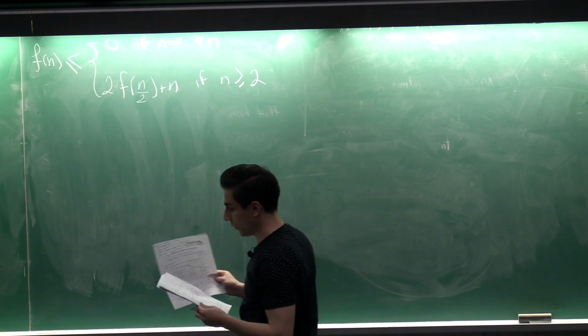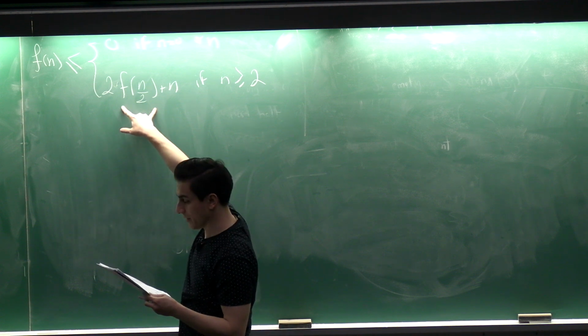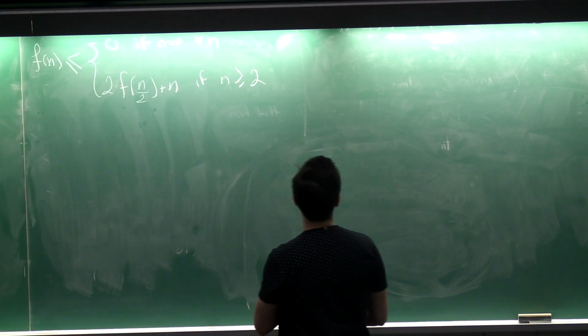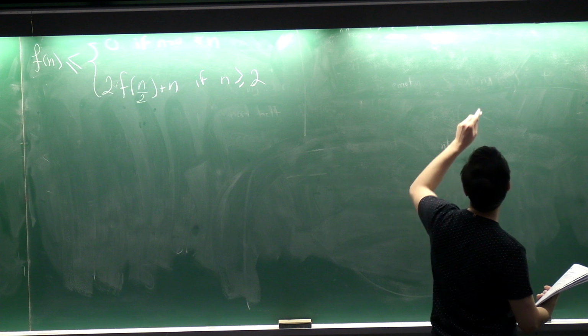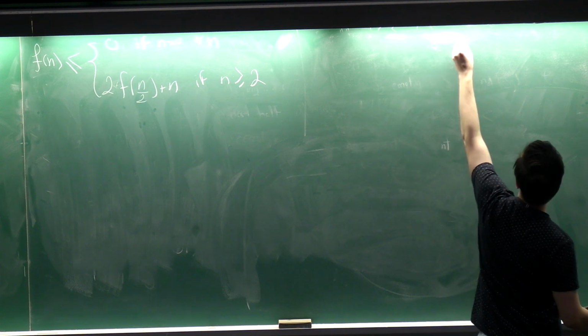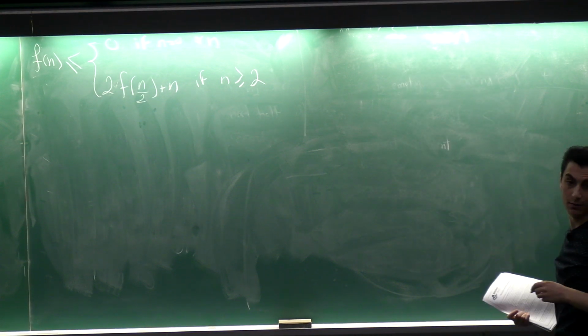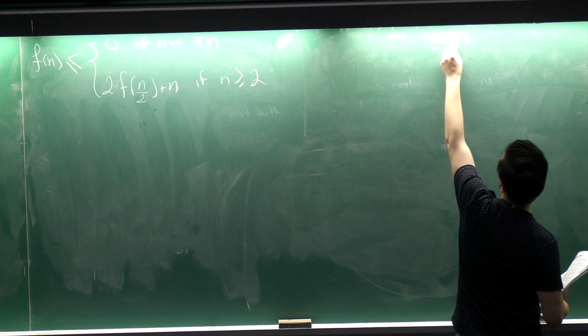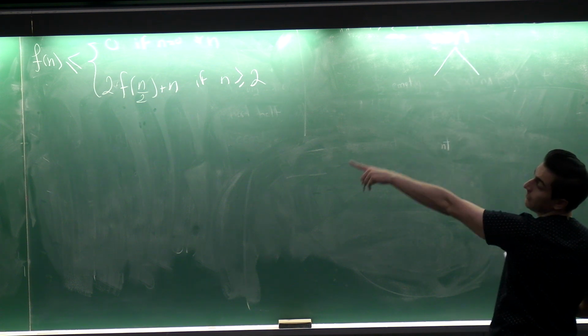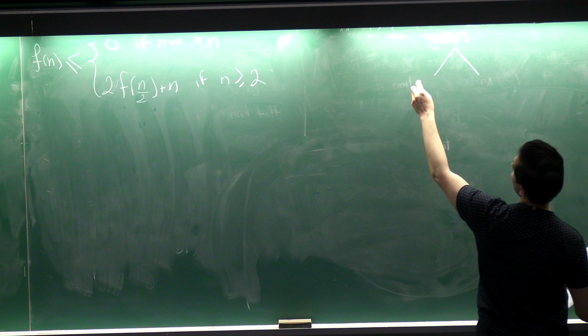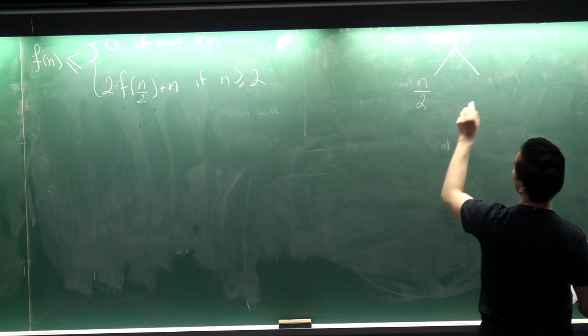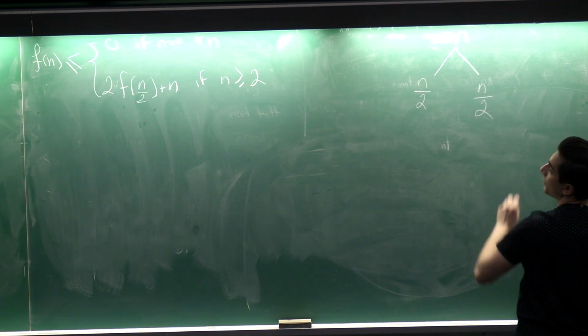So now, what do we need to do? We need to get rid of this. To do that, let's have an example. Right? So if I have a list of input of size n, and I pass it to MergeSort, it's going to split it, and here n is 2 to the k, into two lists, right? n over 2 and n over 2.